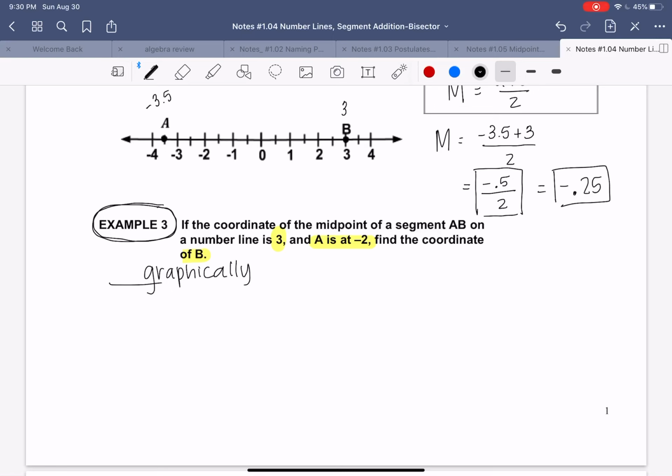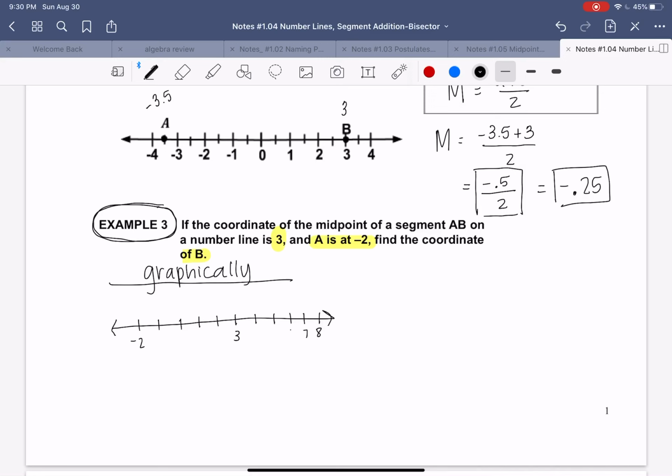Ooh, I got my voice back. So how you're going to solve it graphically is just you have to make a number line. Okay, so if A is at -2, we're going to put -2 right here. -1, 0, 1, 2, 3, 4, 5, up to 8. I'm going to hope that that's correct, and I'm going to stop at 8.